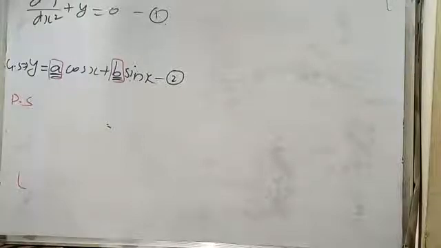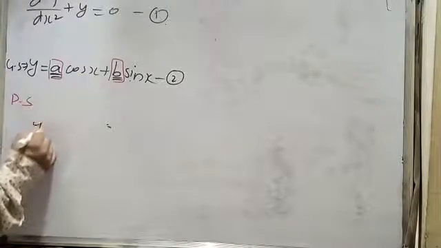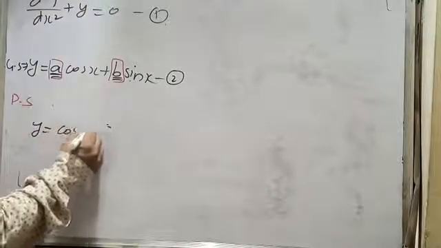Now I think you have understood what a particular solution means. We will call them GS and PS; when we solve problems, we will say PS as well as GS. There is another solution called a singular solution. Think that for some equation I have got y is equal to cos x plus sin x.